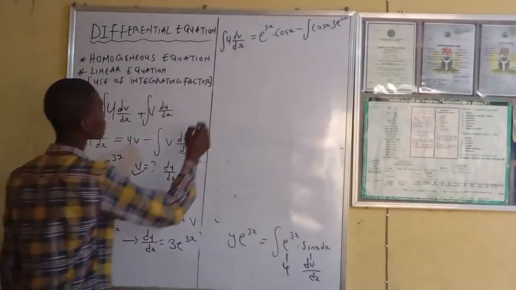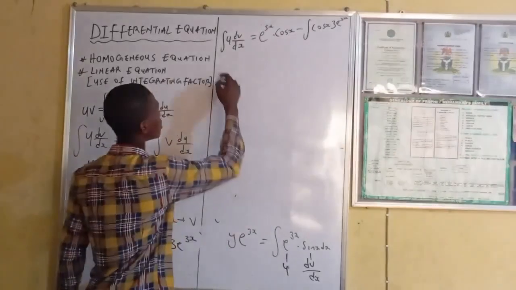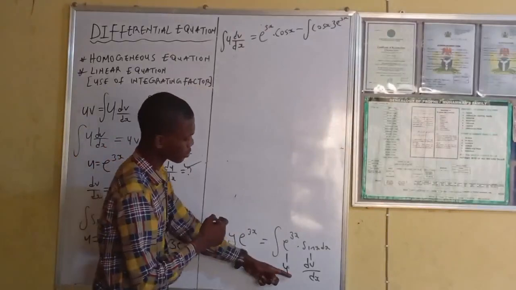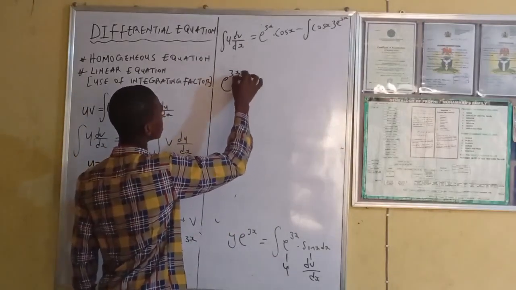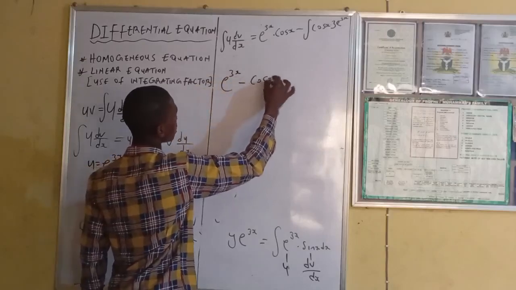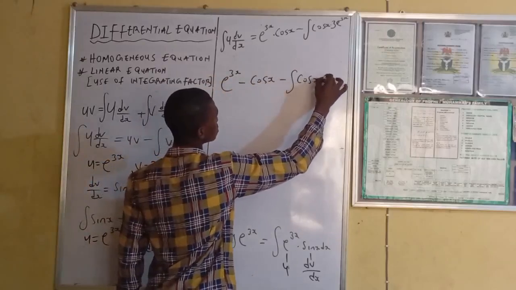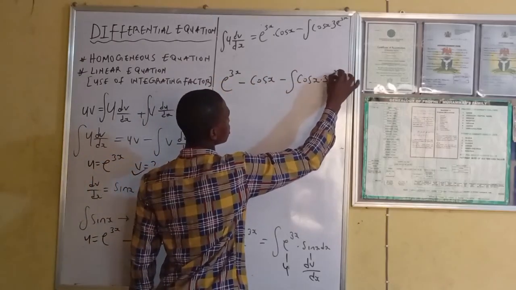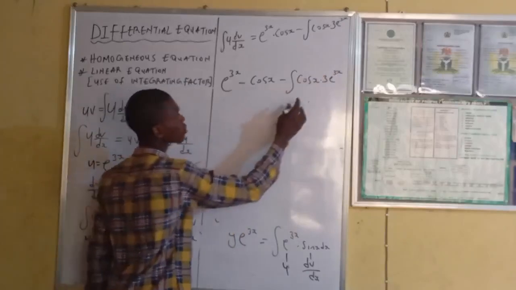Okay, from here, it means that the integral of the right hand side is equal to minus exponential 3x cos x plus integral of cos x dot 3 exponential 3x. 3 is a constant, so we can bring 3 out.